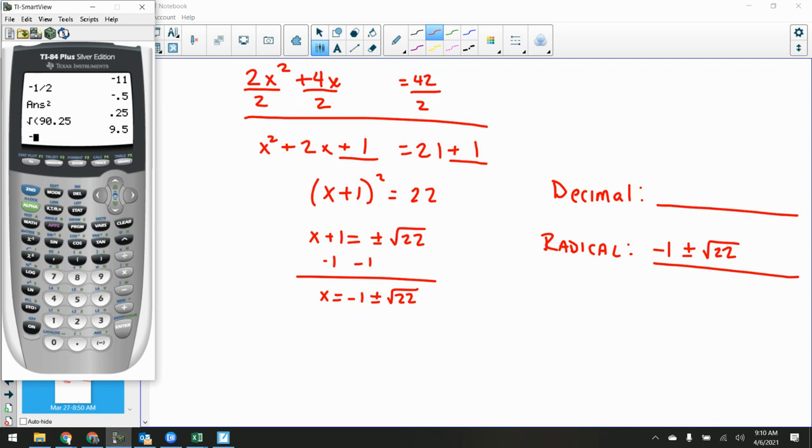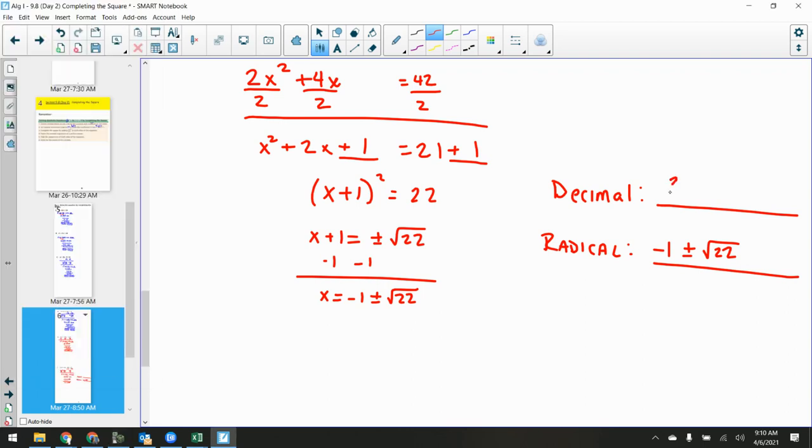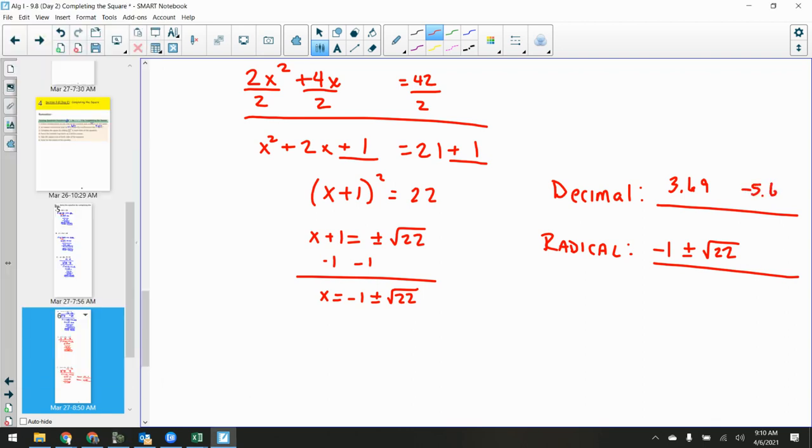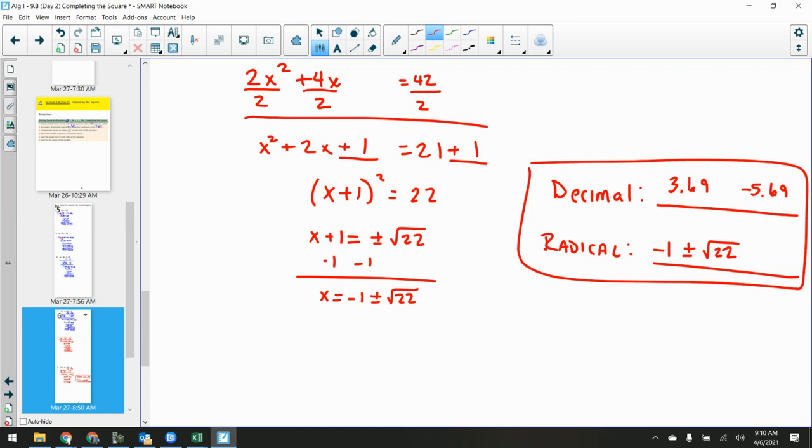So we're going to take negative 1 plus the square root of 22 to get 3.69. And then we're going to take negative 1 minus the square root of 22 to get negative 5.69. And those are my answers.